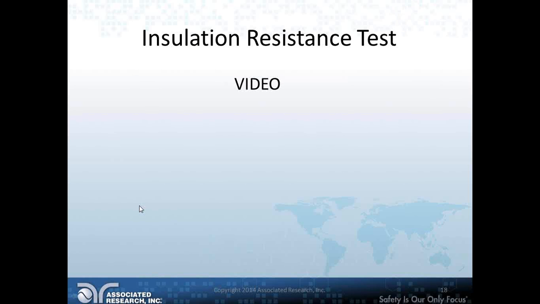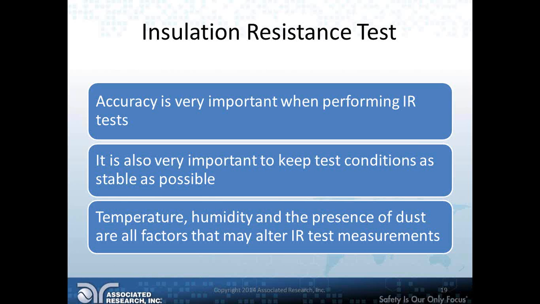Variables like temperature, humidity, and cleanliness of the device and the test are all factors that can contribute to the insulation resistance measurements, and they can alter an insulation resistance test measurement and produce erroneous results.